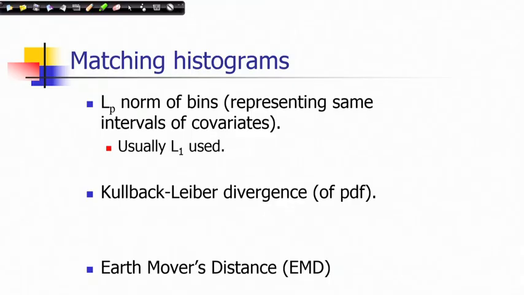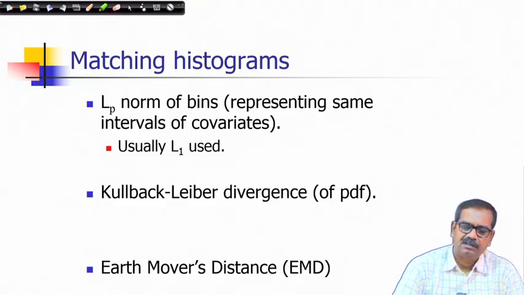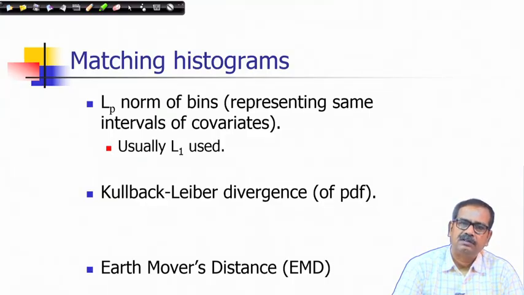But there are other special distance functions or measures by which you can describe the differences between two histograms or similarities between two histograms. One of these measures is called the Kullback-Leibler divergence measure. It tells you, if I give you two probability density functions, two different probability distributions, how close or how different they are.